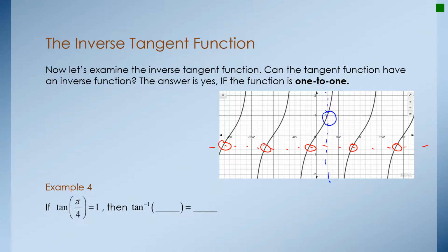If the tangent of pi over 4 is equal to 1, then what we know is that the tangent inverse of 1 is equal to pi over 4. And so what was an input becomes an output, and what was an output becomes an input.